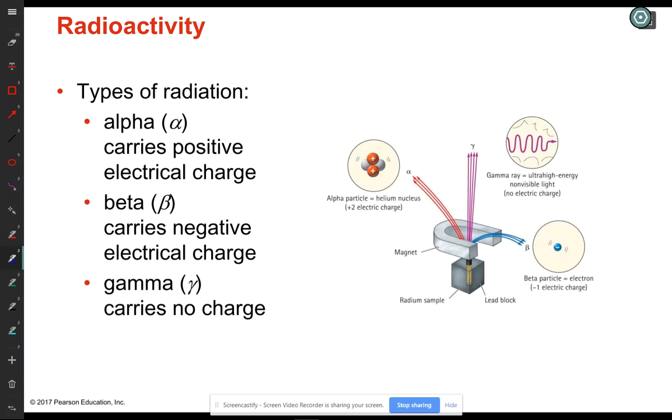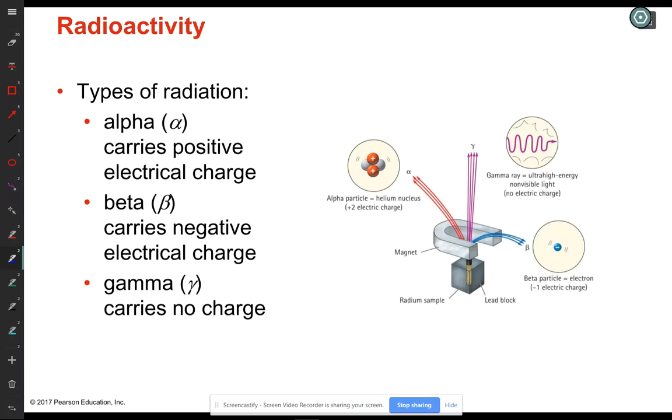If it's a negative charge, it should bend the other direction. And so they tested and they found that there were three fundamental types of radiation that they observed. One was a positive charge that bent slowly. One was a negative charge that bent quickly. And one was neutral. And by studying those, they named them based on how easy they were to stop.